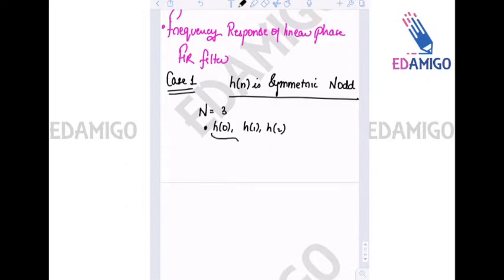Only 3 values will be there, non-zero values will be there, and it will be symmetric about n equals to (3 minus 1) divided by 2, that is 1.